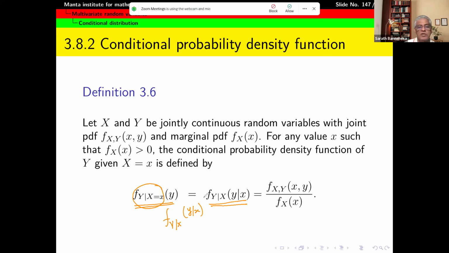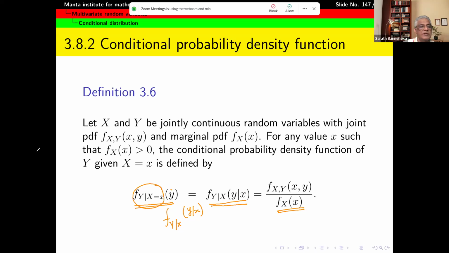You have to understand that both are the same. So the conditional density function of y evaluated at simple y given x equal to simple x. I prefer this notation because this is just the notation for the function, and this is the value where we evaluate it. But the other is also commonly used. It is defined as the joint probability density function of x and y evaluated at the point (x, y) divided by the marginal density function of capital X evaluated at simple x. We need this to be non-zero for it to be defined.